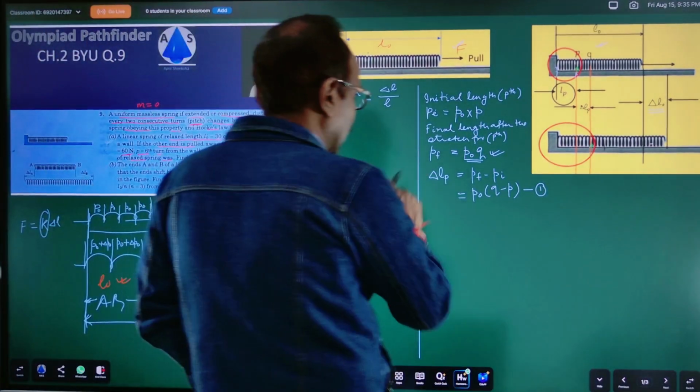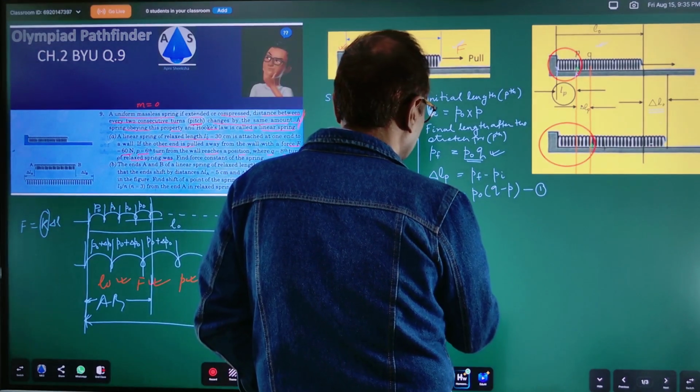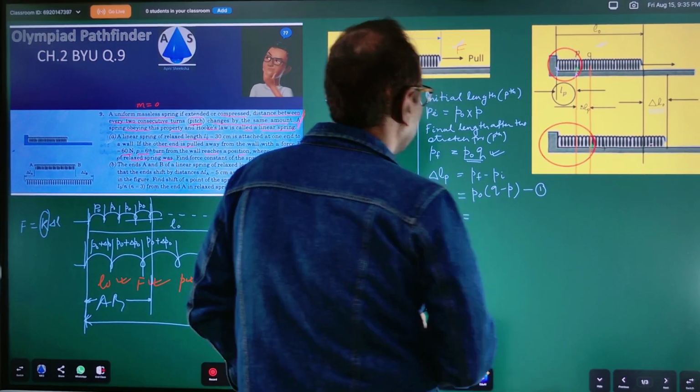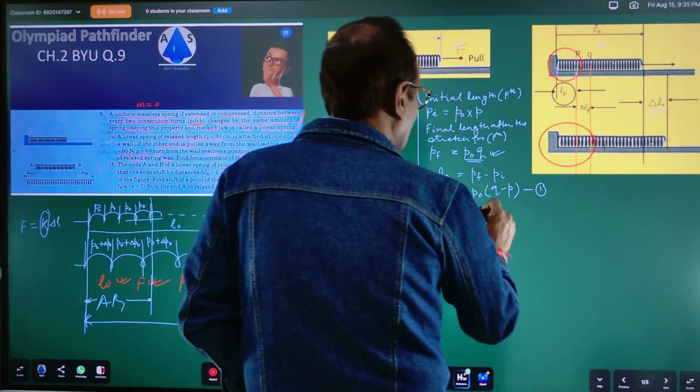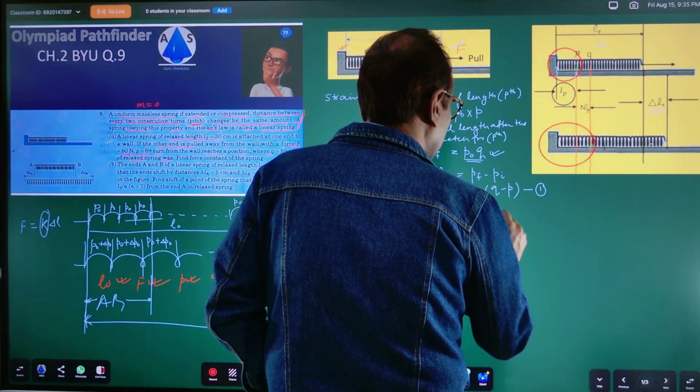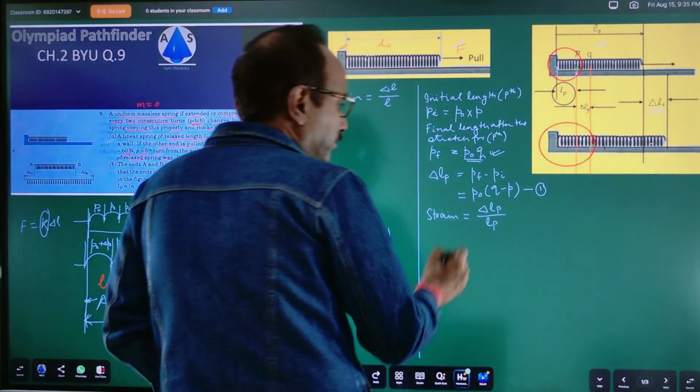So strain you can write as delta LP divided by LP.